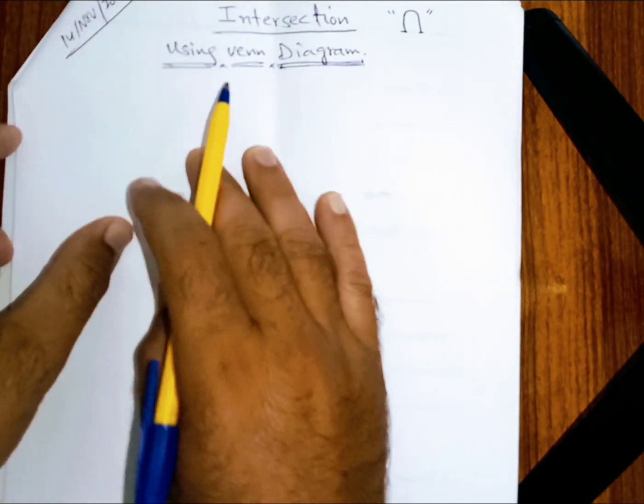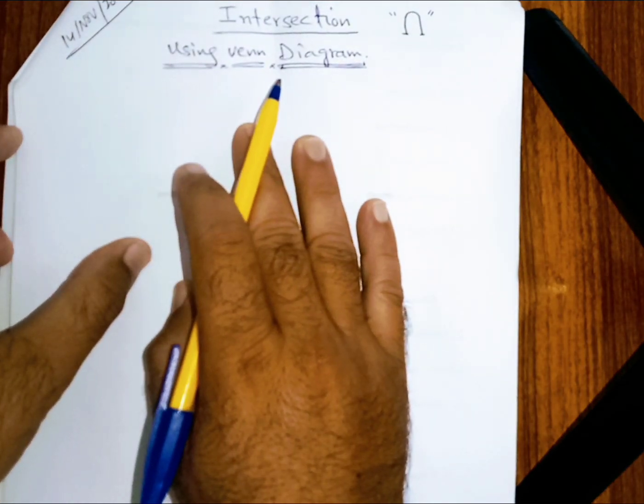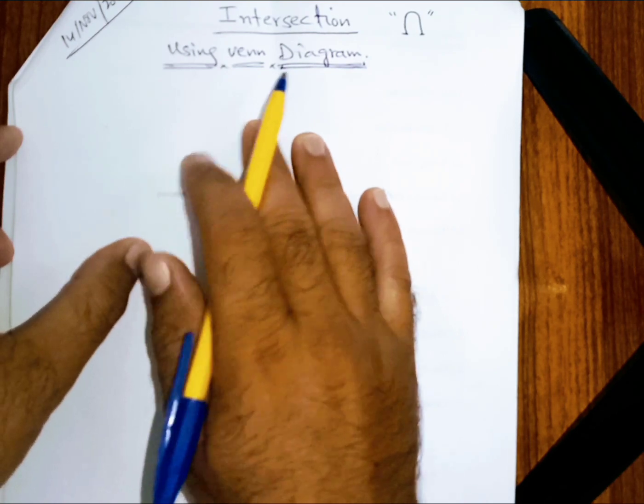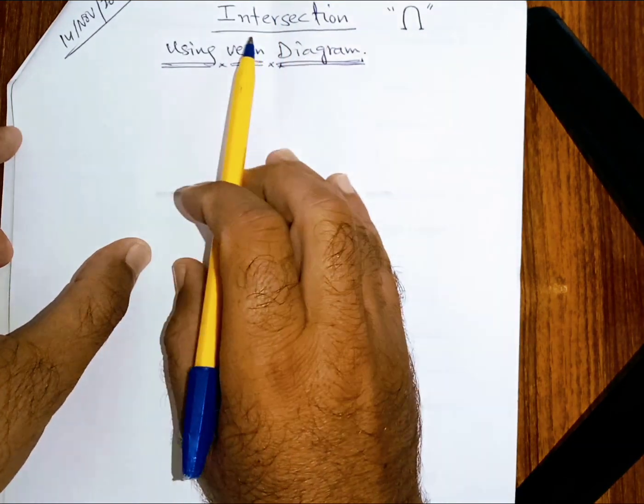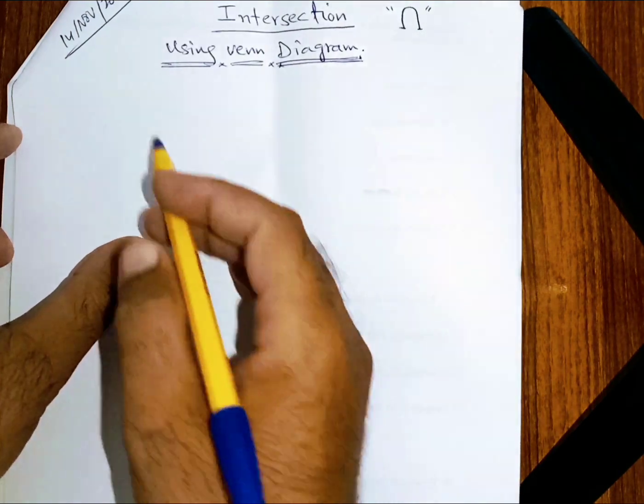So we will be using some examples to understand the operation of intersection using Venn diagrams. Okay, so let's go.